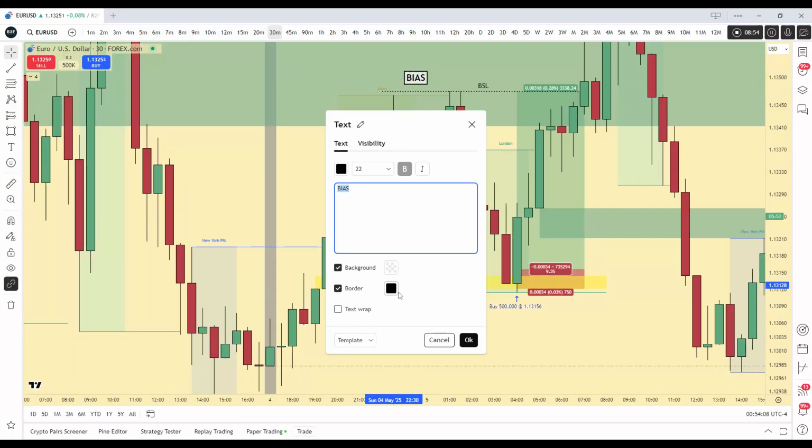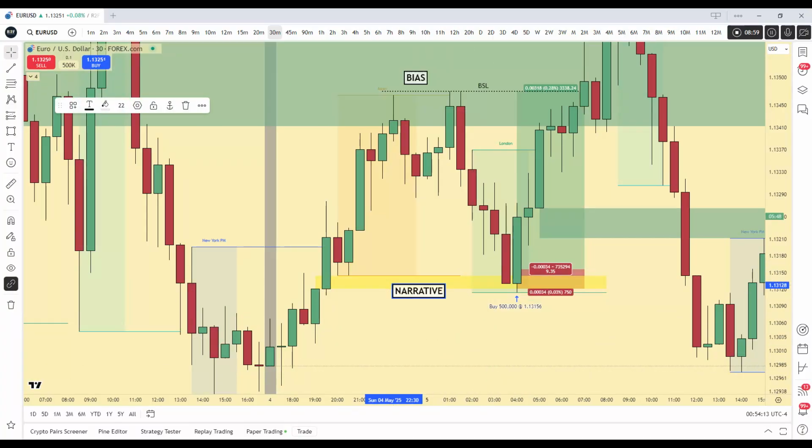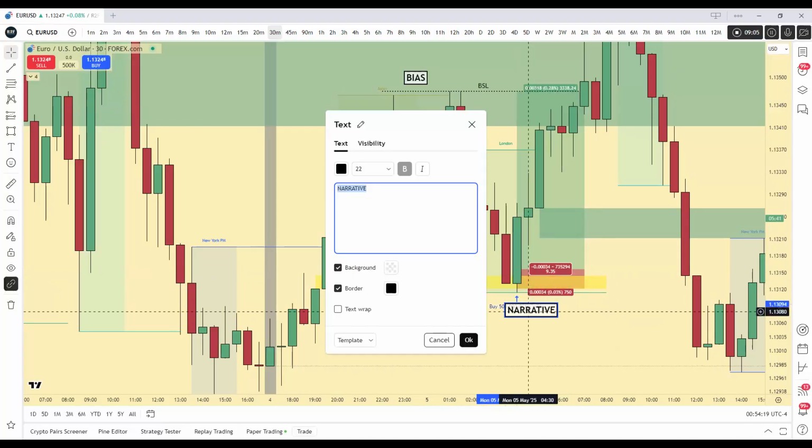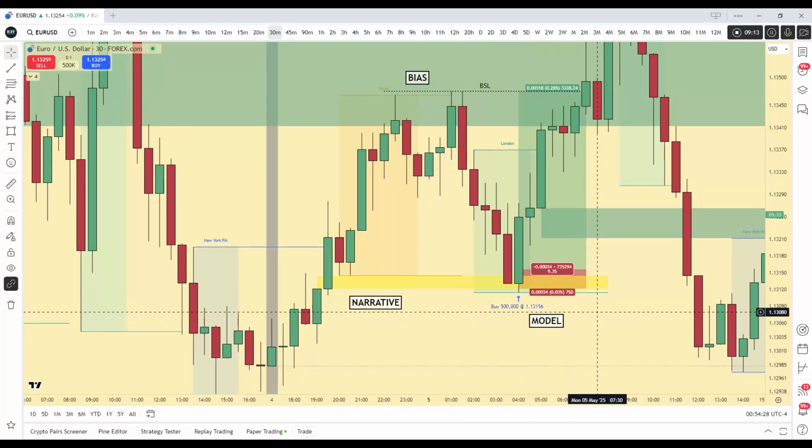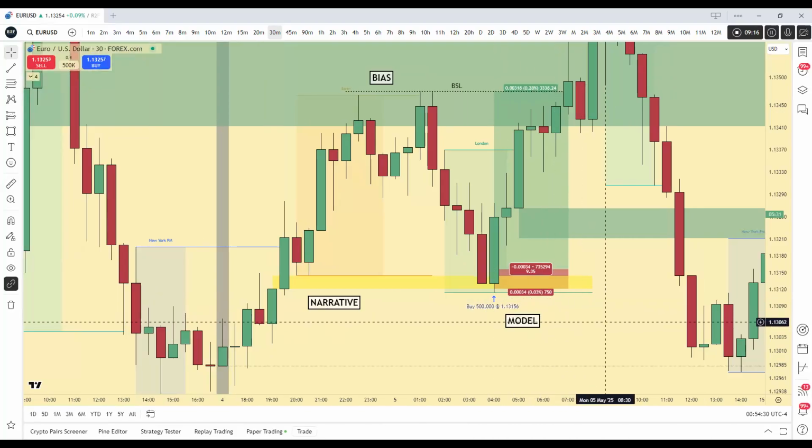My narrative is down here. Yep, and down here. And my entry was in here. My model, basically, one of my models that I took, which is basically my entry. I have a few models that I take.